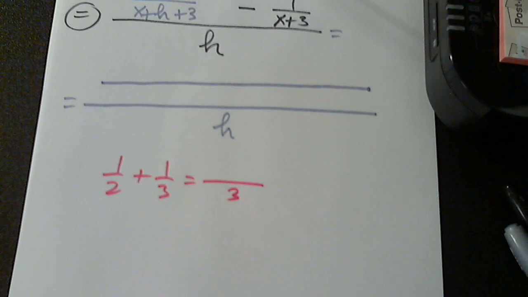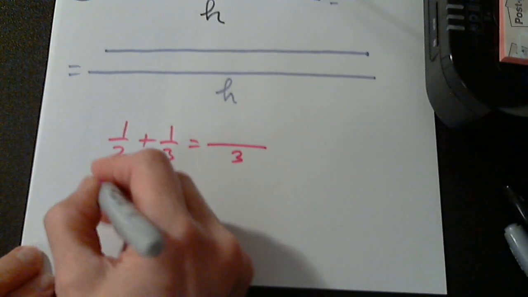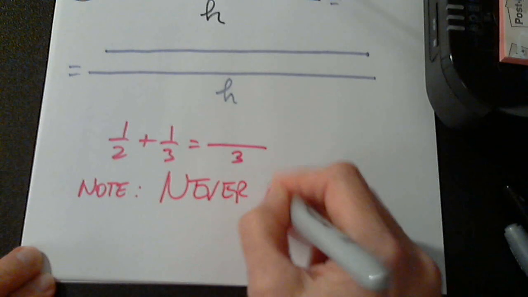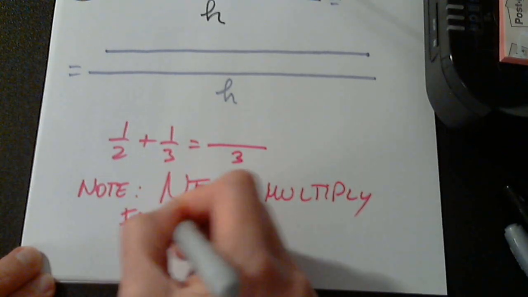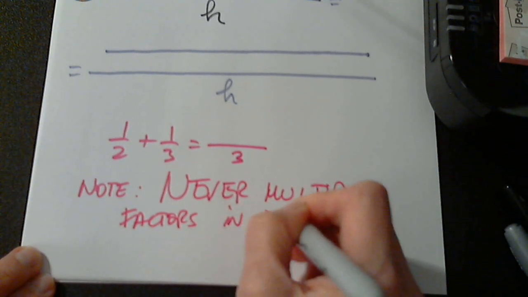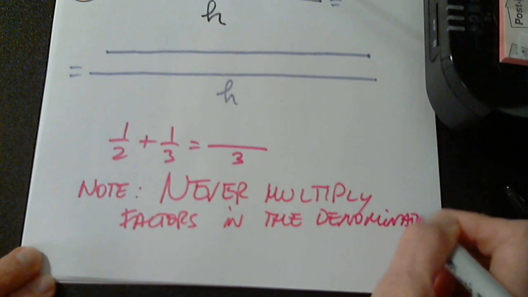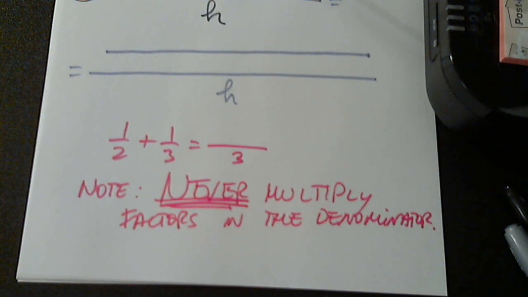Is it x squared plus 3x plus hx plus 3h plus 3x plus 9? Good, excellent. Note, never multiply factors in the denominator. Okay, let's try again.